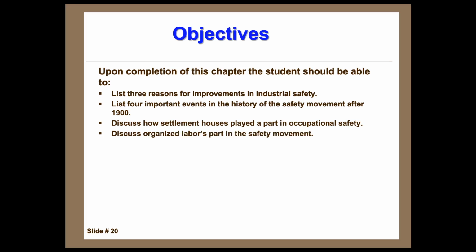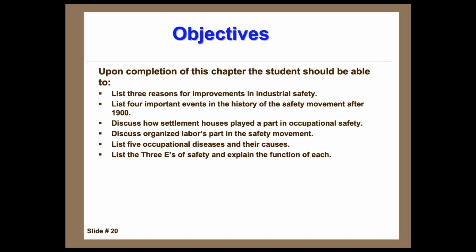We will discuss organized labor's part in the safety movement, list five occupational diseases and their causes, list the three E's of safety and explain the function of each, and identify three important safety organizations and explain their role in safety.